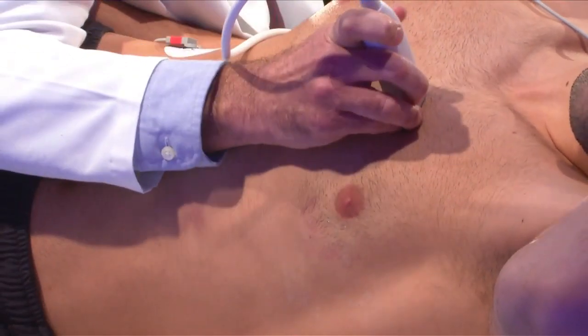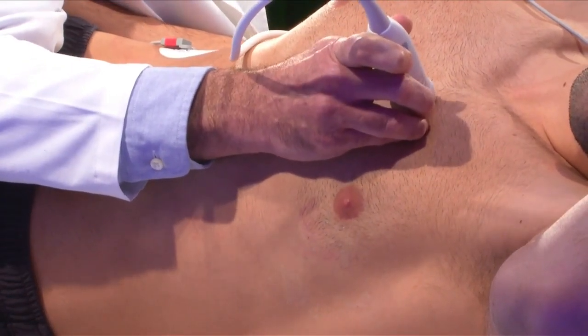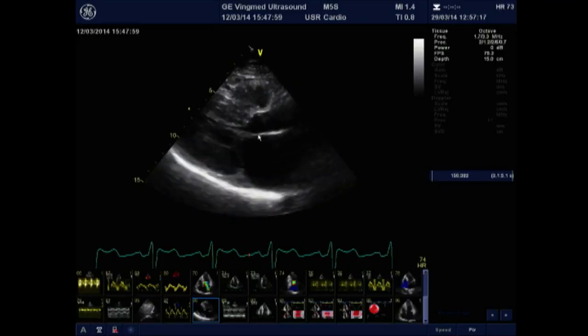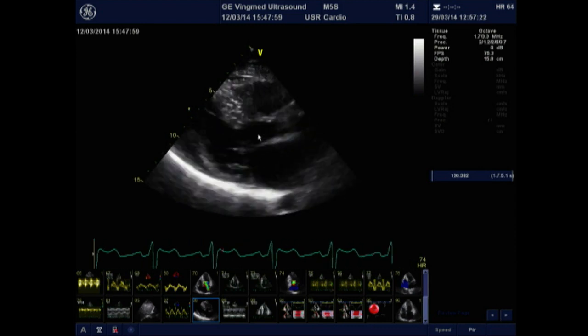And now we're going to change the view and turn again to the left parasternal view to assess systolic function. In the eyeball assessment, everything seems to be contracting well.